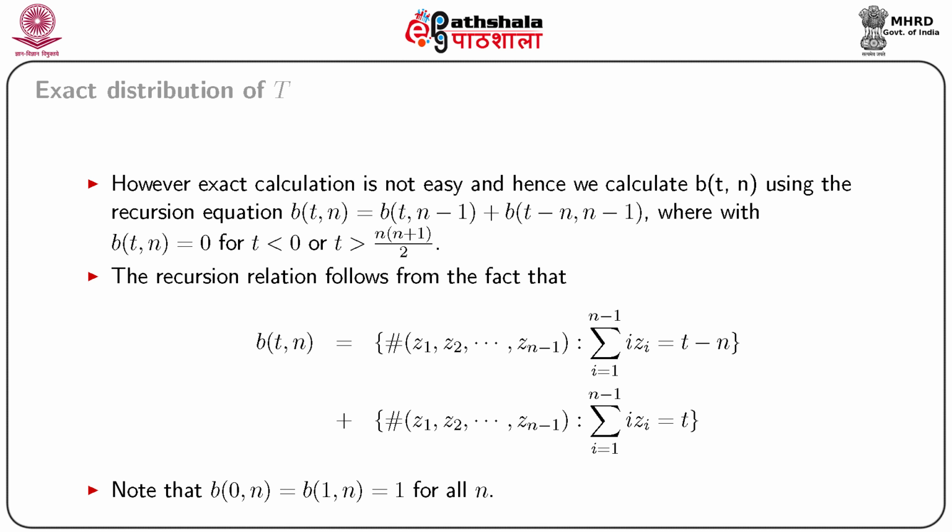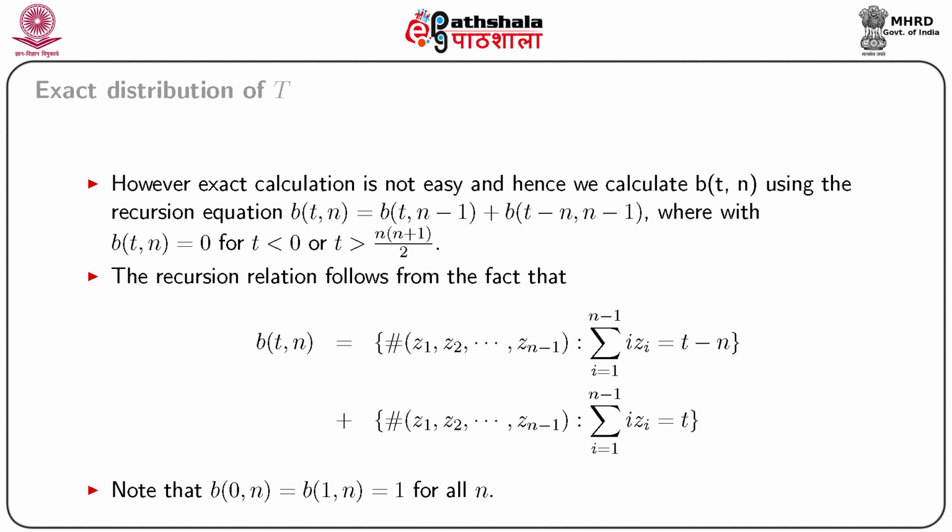Then the recursion relation follows from the fact that Btn equals the number of (n minus 1)-tuples Z1, Z2, ..., Zn-1 such that summation i from 1 to n minus 1 of i Zi equal to t minus n, plus the number of Z1, Z2, ..., Zn-1 such that summation i from 1 to n minus 1 of i Zi equal to t.